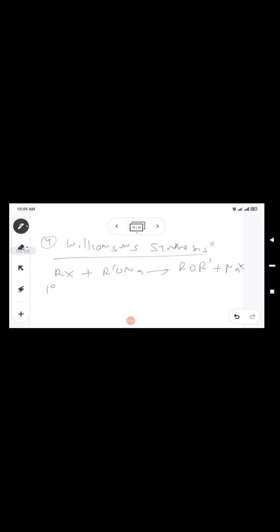This is the primary alkyl halide, and here SN2 attack of alkoxide ion on primary alkyl halide occurs. This is very important point.